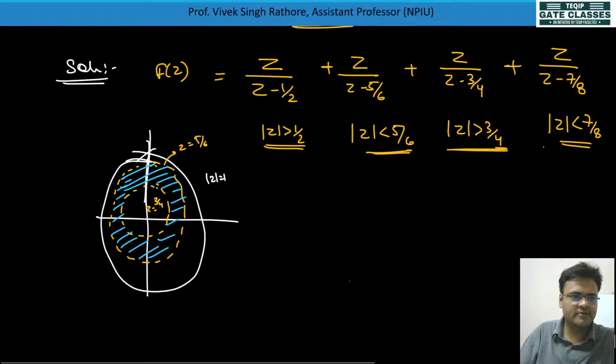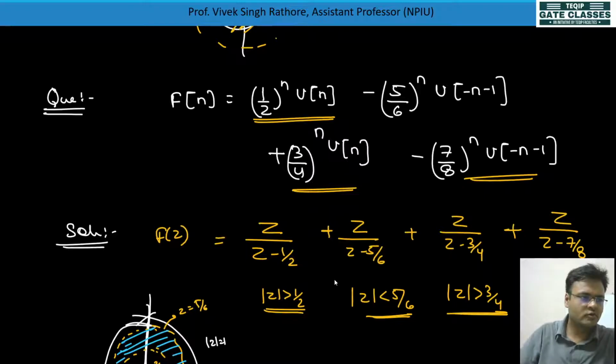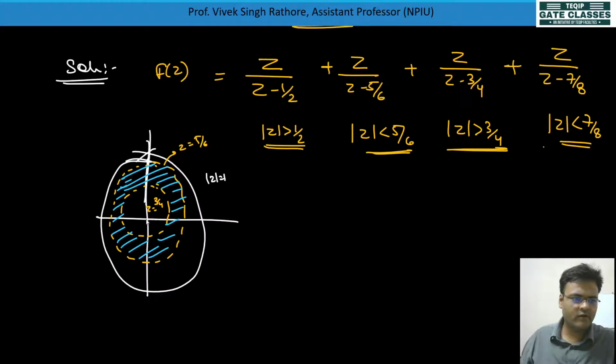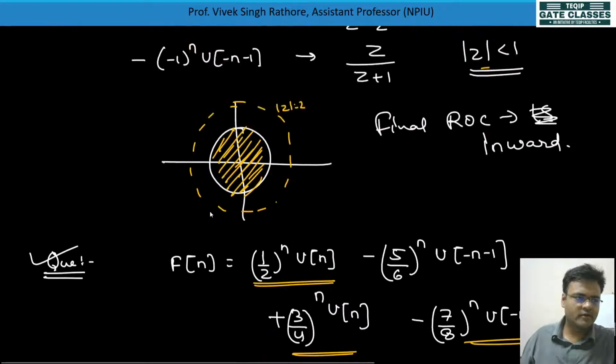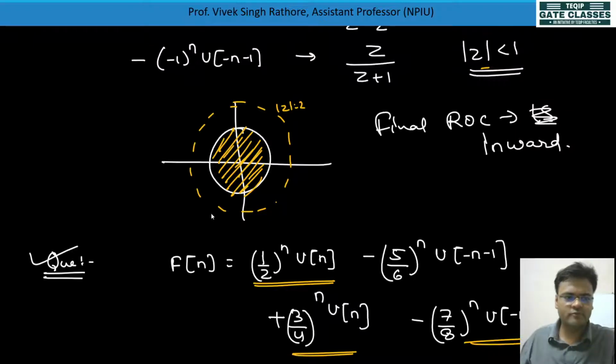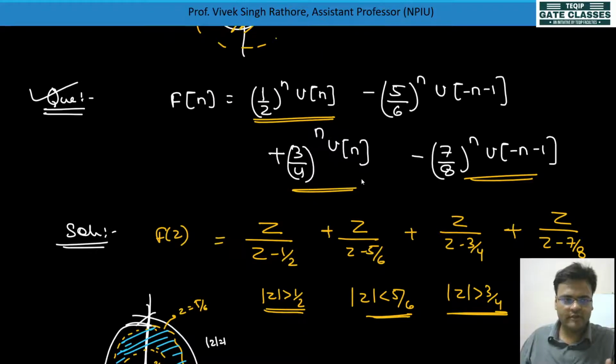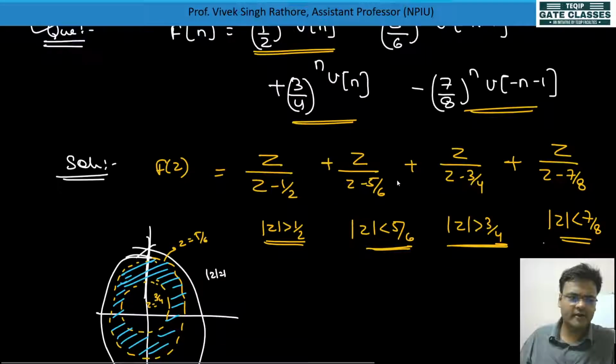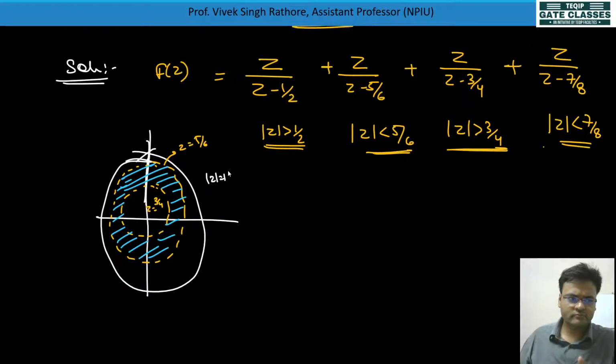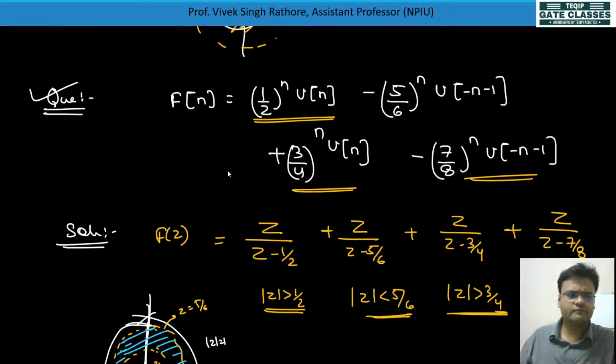But can you tell me, is this whole signal stable or unstable? You can tell me, sir, it does not involve z equal to 1 at all. The combination of all is not involving z equal to 1, so it is not stable. It is not absolutely integrable. If you see all the values, you will see it is not absolutely integrable. Is it causal?